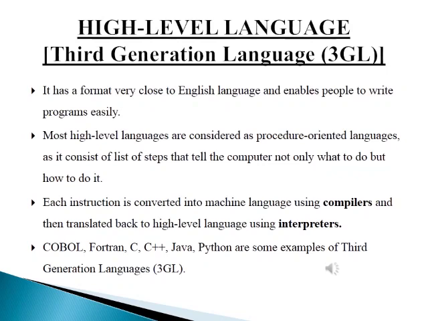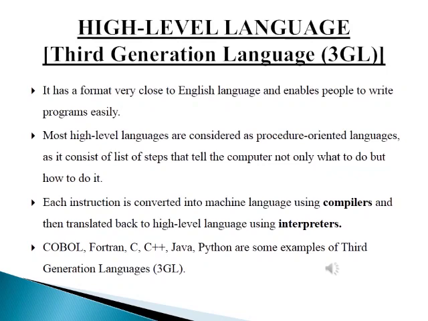All the instructions written in high-level language are to be converted into machine language using compilers so that the computer can easily understand them. And after compiling the instructions and producing the output, the instructions get translated back into a high-level language using interpreters so that the users can easily understand their output.